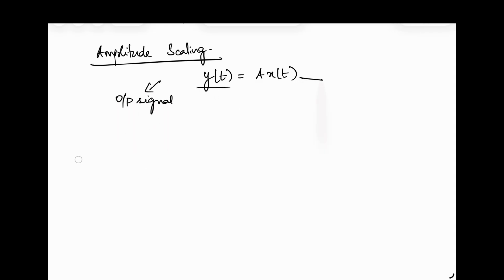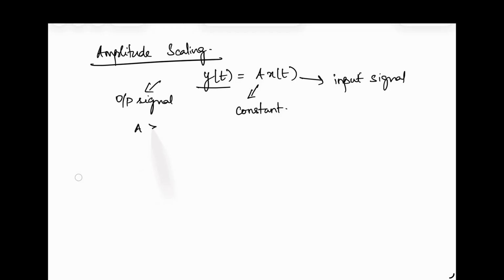The general equation for amplitude scaling is y of t is equal to a into x of t, where y of t represents the output signal, x of t represents the input signal and a represents the constant, and depending upon the value of a, the amplitude either increases or decreases.